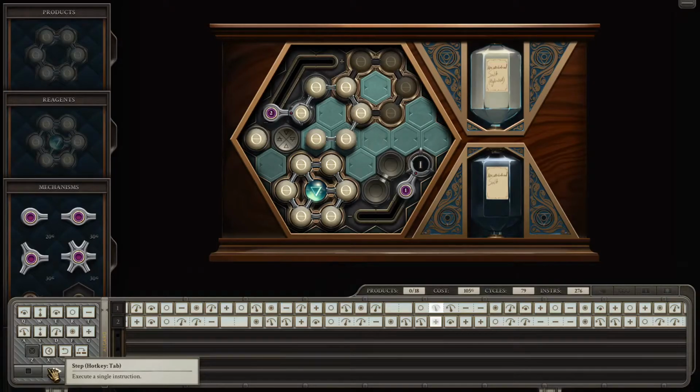Oh, now I'm thinking about some stuff. What if... Oh, that's interesting. What if this arm did something imaginary? Like, this would do 7 operations per product. One of them, the first time, would grab onto air.